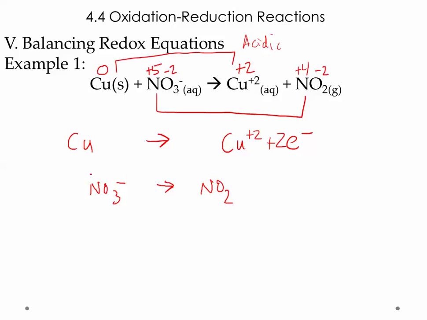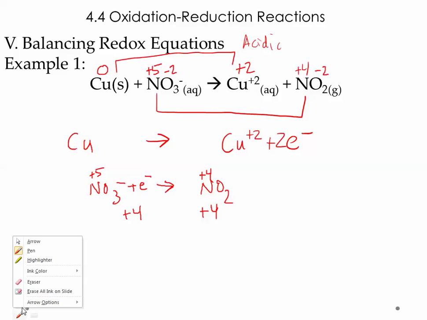Remember this was +5 and this is +4. So we're going to need to add an electron to this side. And now this side will have an oxidation number of +4, and this side will have an oxidation number of +4. So we've balanced the oxidation numbers.